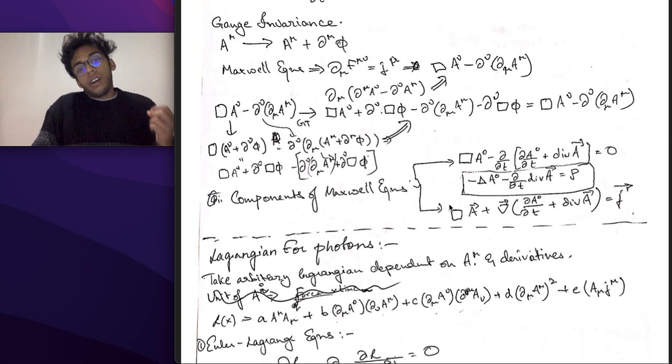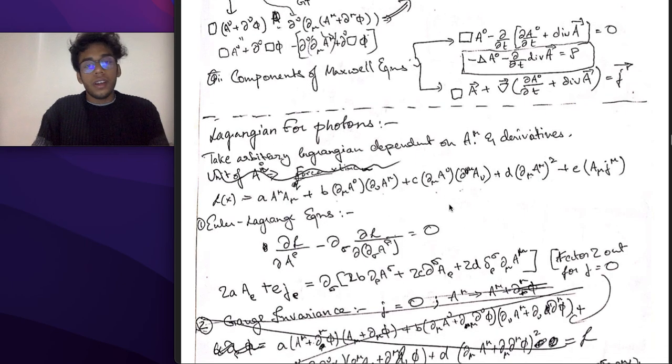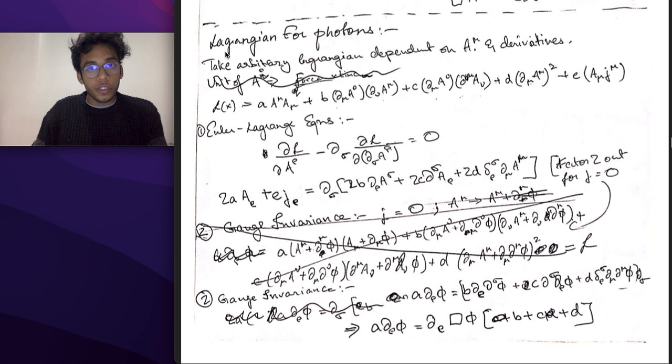But one of the most important things that you do in a field theory is you try to build a Lagrangian, and this exercise was really beautiful for me because you have a most general notion of a Lagrangian. Essentially, we're trying to find a Lagrangian for photons, and we define an absolutely arbitrary Lagrangian that depends on A mu and derivatives of A mu.